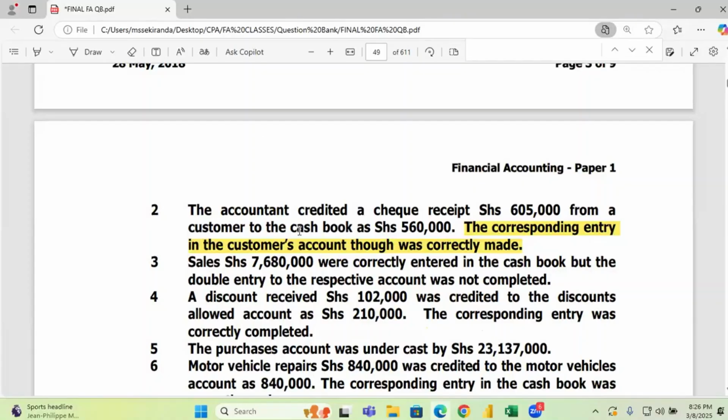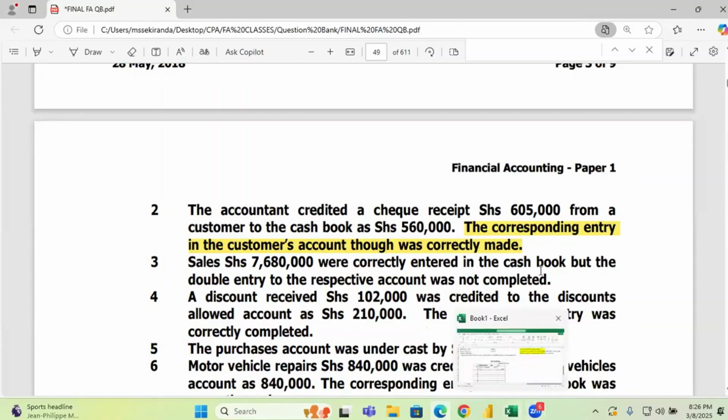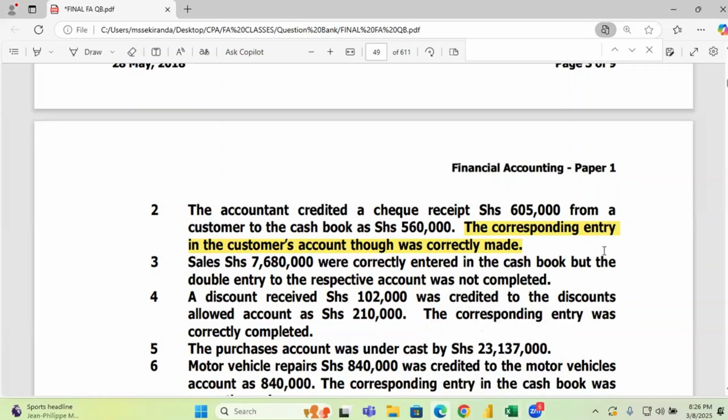The issue here, the error that was made: when you receive money from a customer, what do you do? What entries do you pass? You debit bank or cash, then credit customer to reduce.